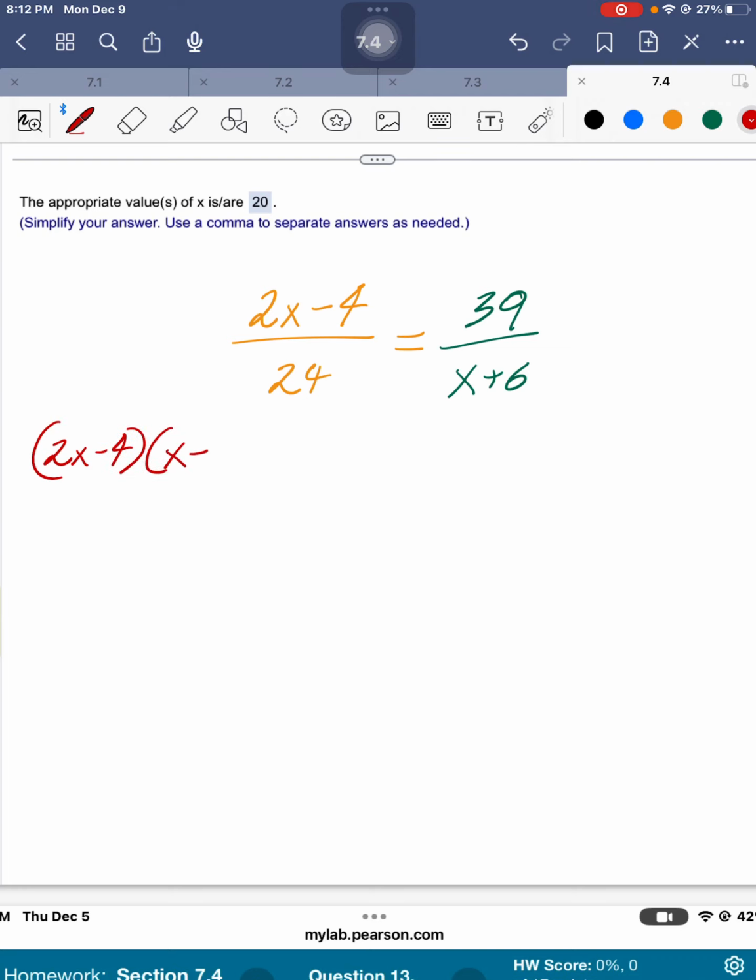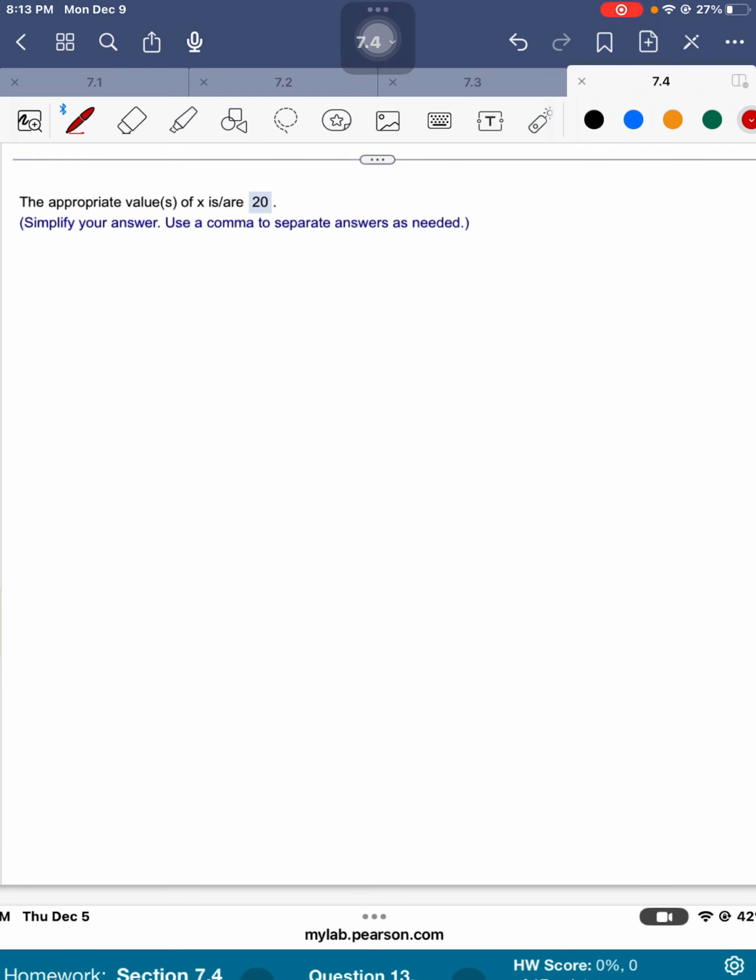So I'm going to have 2x minus 4 times x plus 6 is equal to what's 24 plus 24 times 39. 936.